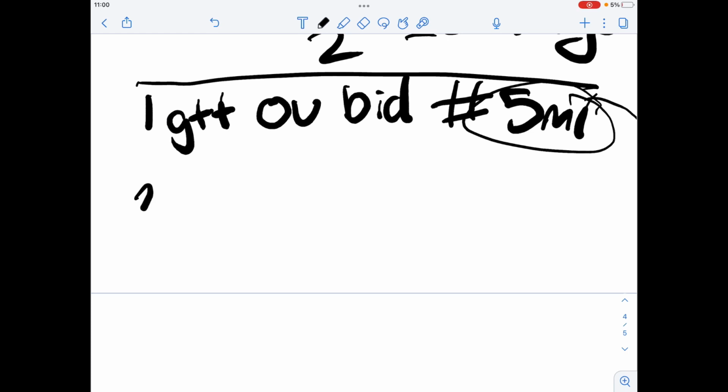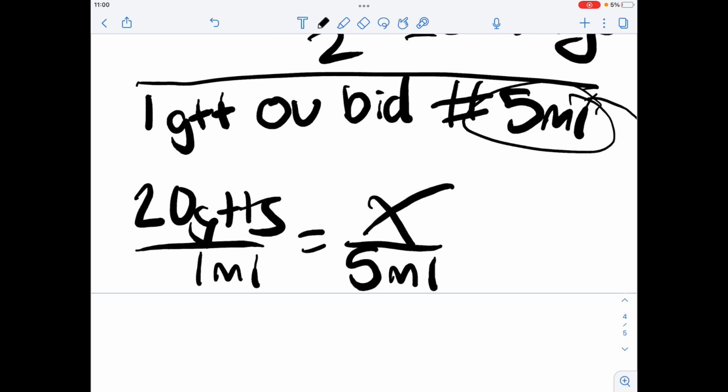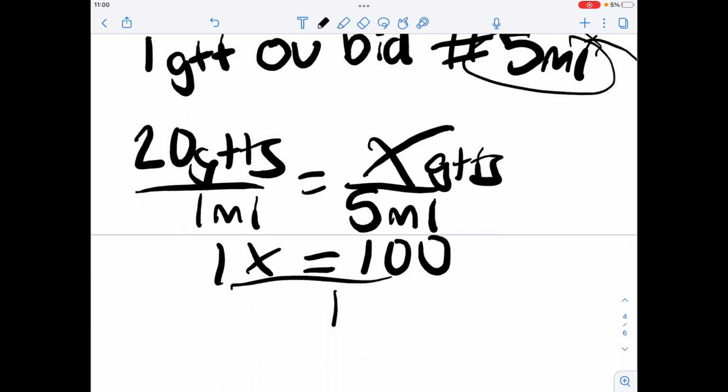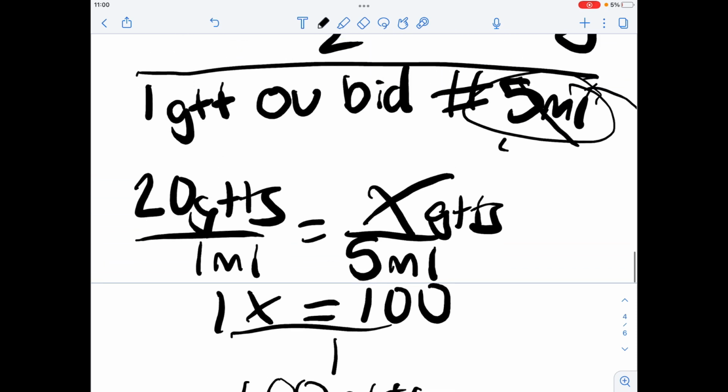So our conversion again, 20 GTTS over 1 ml from the conversion sheet. That's our given. Set it equal to ml over what we're trying to find, drops. Cross multiply. We get 100 drops. Replace that with 100 drops.